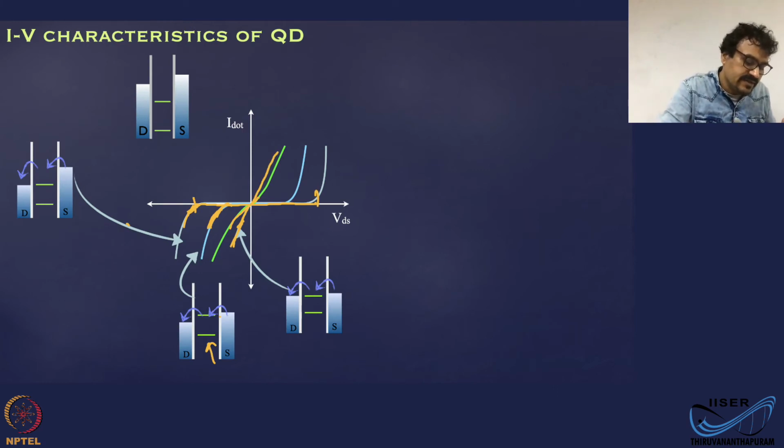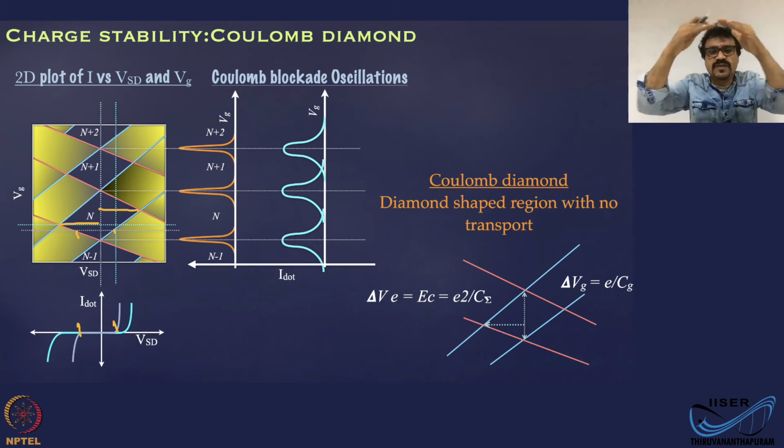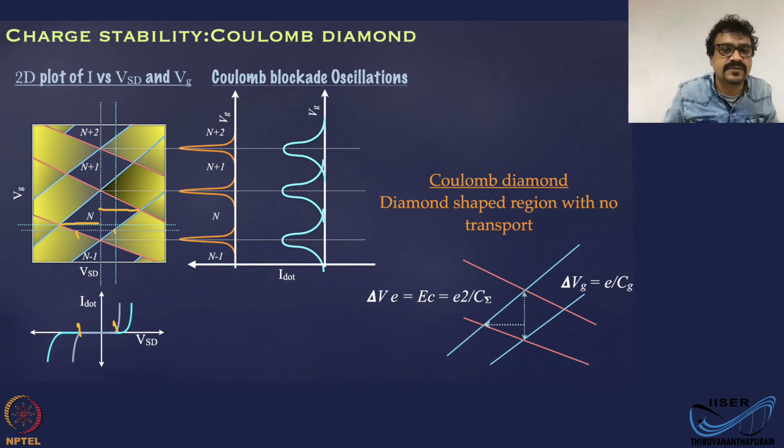You can start with the maximum blockade, and then reduce it successively by applying more and more gate voltage. Then in the two-dimensional plot, you are going to get this sloping or triangle behavior. The same thing happens to the other half also. When you add these two together, you will get a diamond-shaped region. That's what you are seeing.